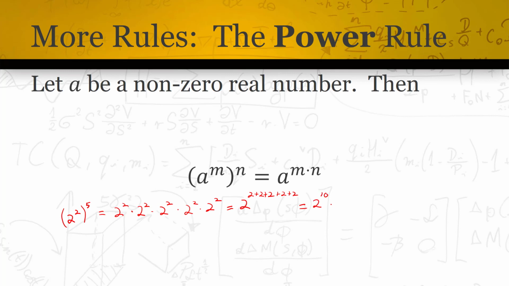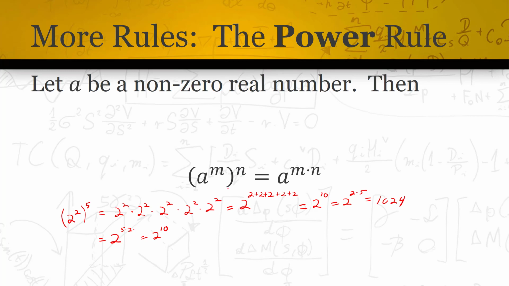But also notice that that's also equal to 2 to the 2 times 5 power. And notice that we have a 2 here and we have a 5 there. And of course, all this is equal to 1024. So it turns out that we could actually express this expression as 2 raised to the product of 2 and 5, or 5 times 2, which once again is 2 to the 10th.